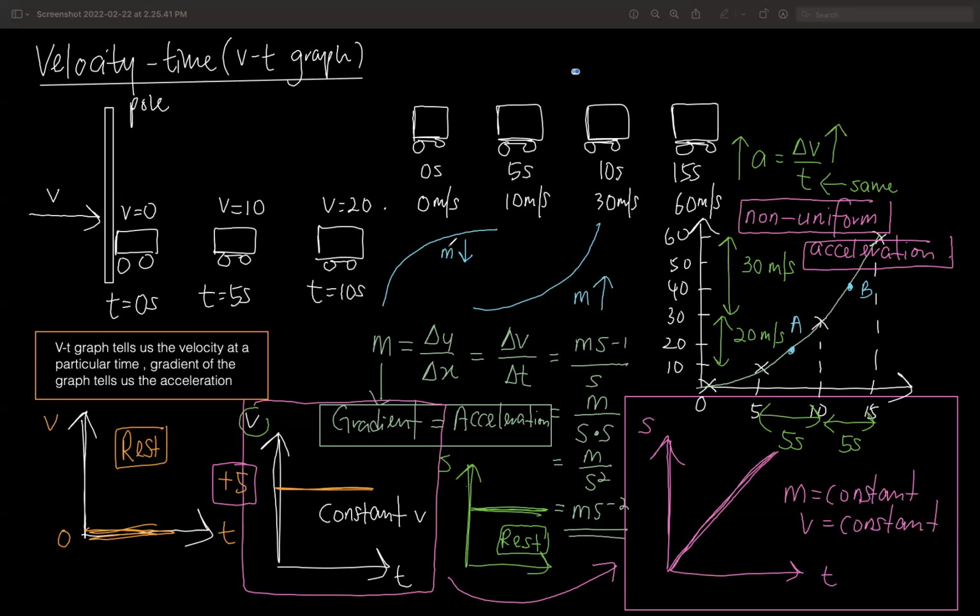But if you're not sure, you need to know that. Okay, because without this one, you will find it very struggle when you do the motion graph, especially when we come to the conversion of graph later. Okay, so once I can see the gradient, then I can see the acceleration. This one, acceleration increasing. This one, acceleration decreasing.